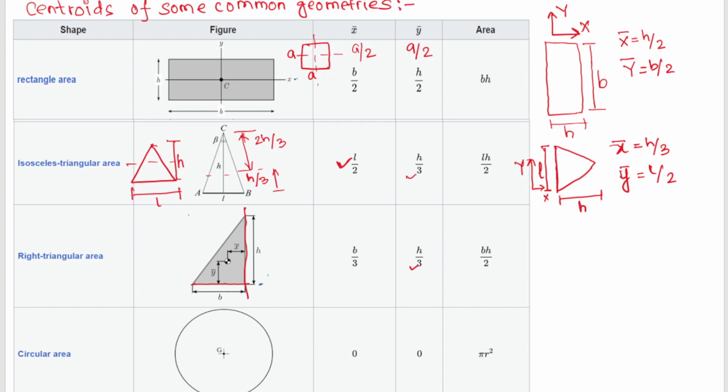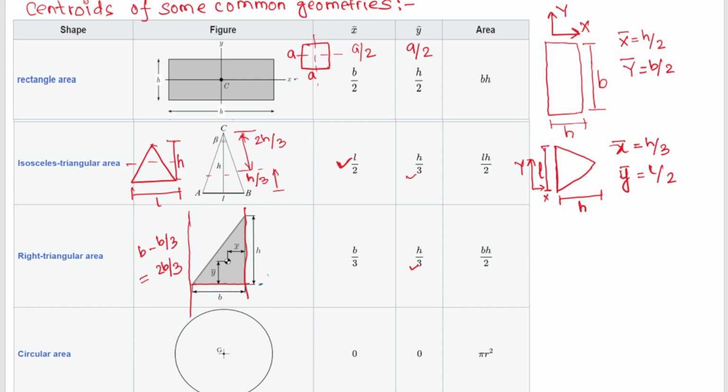But if I am taking this as a reference axis, as we have seen in the last video, remember the entire length is b. If from the left side this dimension is b by 3, then from the right hand side it will be b minus b by 3, that is equal to 2b by 3.